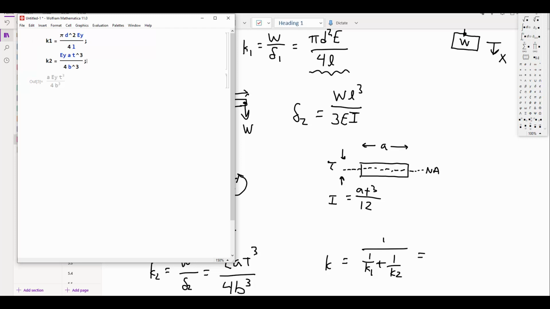All right, so that's my K1, that's my K2. Now I want to put in my harmonic average, and again, I'll let Mathematica do the heavy lifting on this. So 1 over K1 plus 1 over K2.